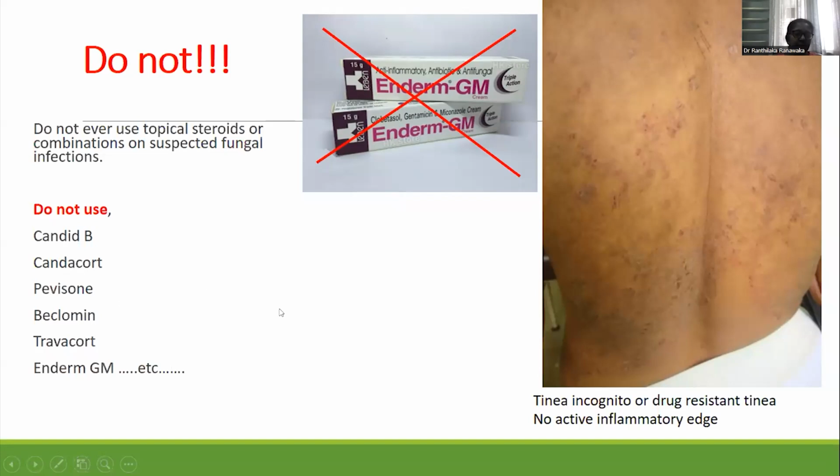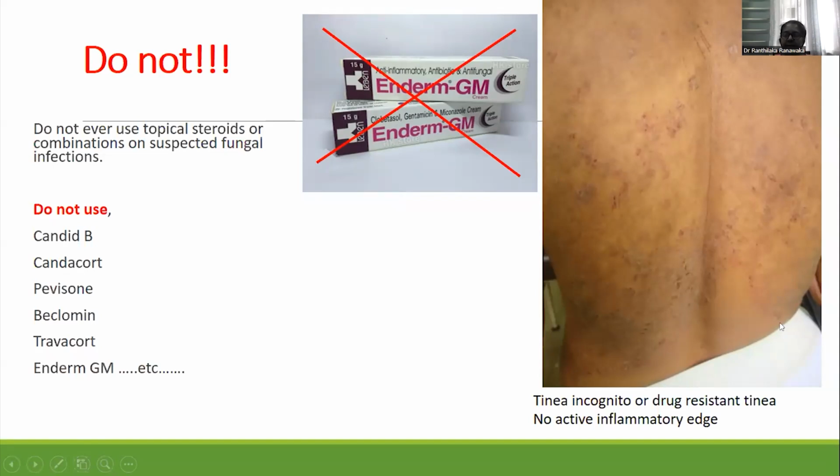Travacort, steroid, right? Here, in the Enderm-GM, they have mentioned clobetasol, gentamicin, miconazole. So clobetasol is their steroid. So don't ever use steroid on suspected fungal infection. So this is what happens. This is very widespread tinea infection. We call it tinea incognito.